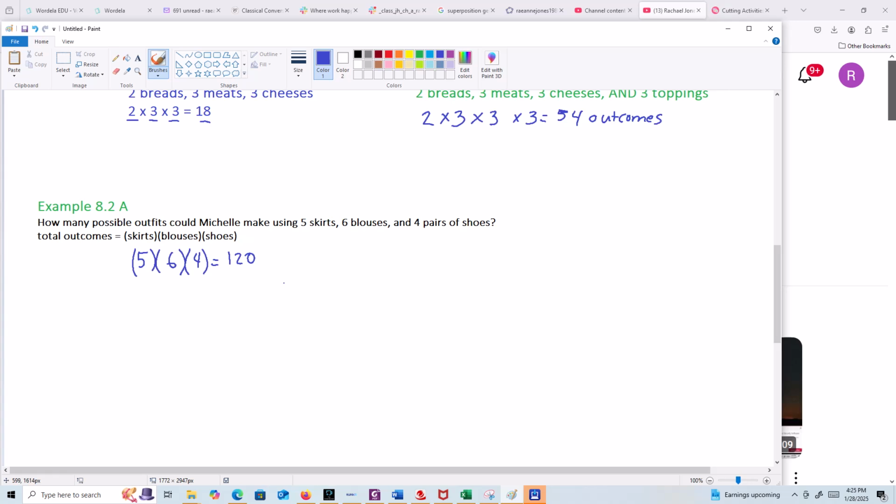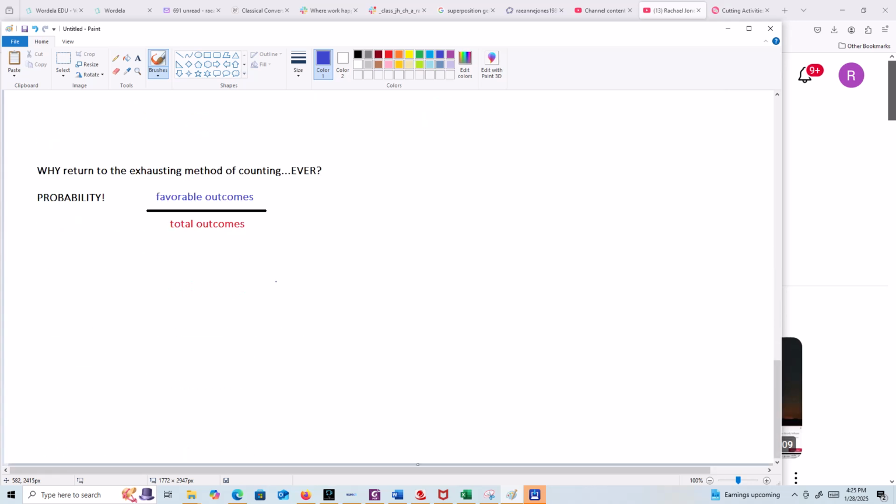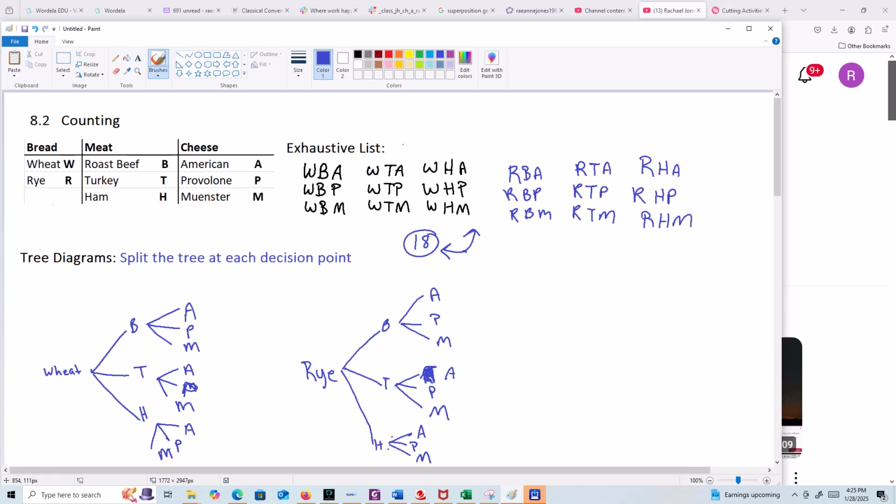So hopefully you understand that it's very straightforward. The only other thing that we would want to ask is, if we can simply multiply the different numbers together, why on earth would we want to ever go back to the exhaustive method? Remember this fun exhaustive list up here? Why would we go back?